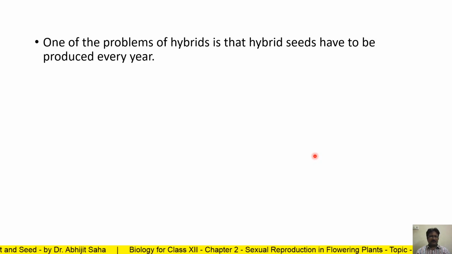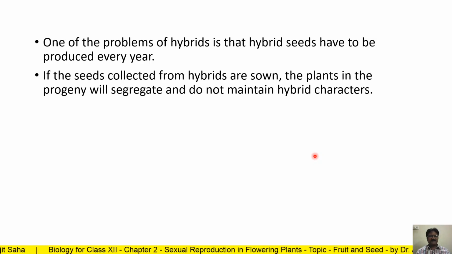Now we have some problem with hybrid seeds. What is this? Hybrid seeds have to be produced every year. Why? Suppose a farmer thinks, why should I buy the seeds every year? Rather, I will collect the harvest, preserve it, and next year I will sow it.